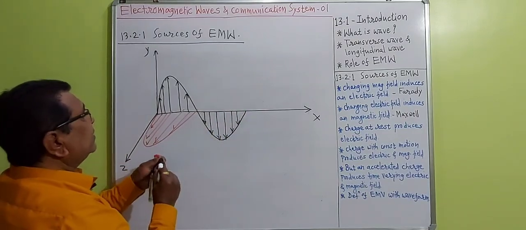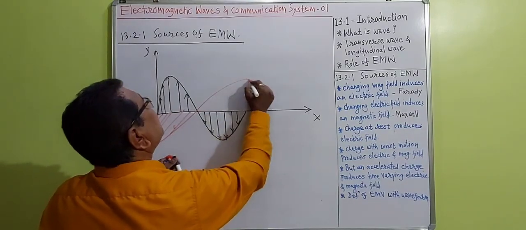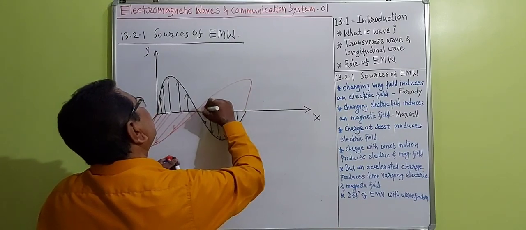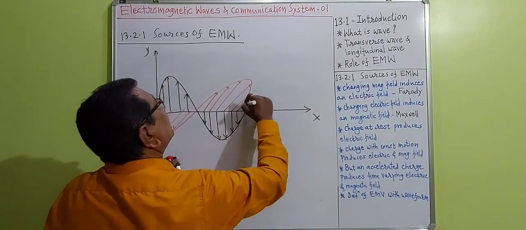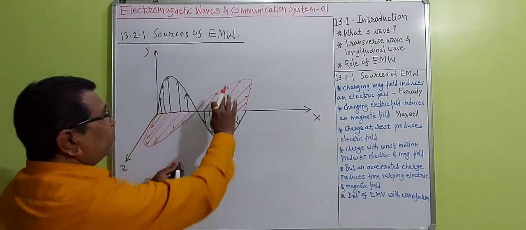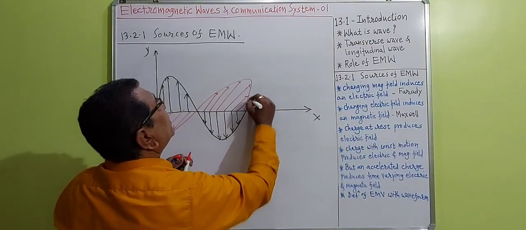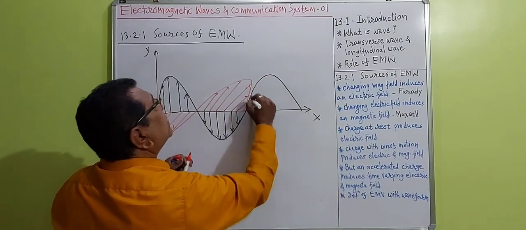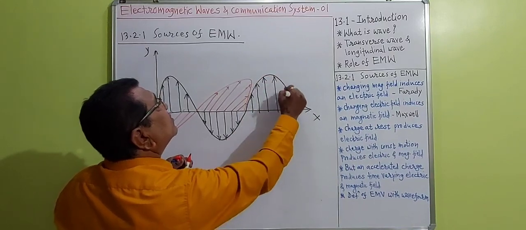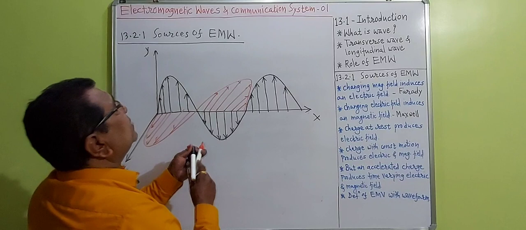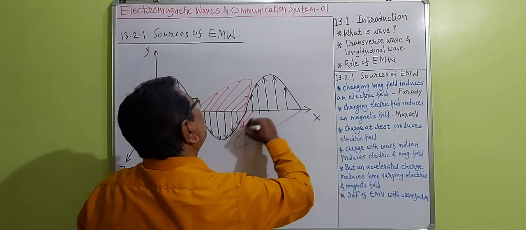Due to this change in magnetic field, we again get a change in electric field along the z-axis, and from this we again get magnetic field, and from this electric field.